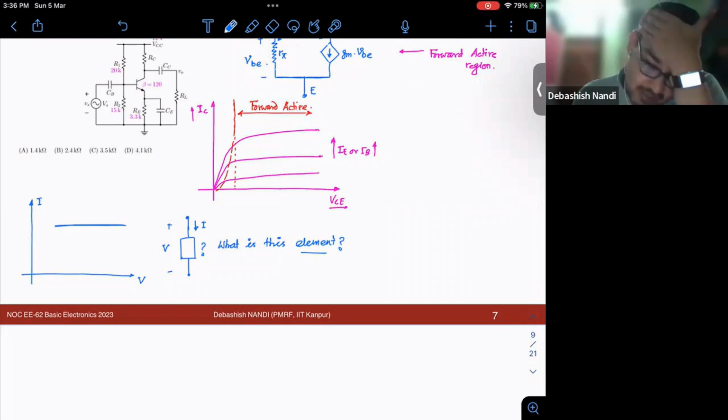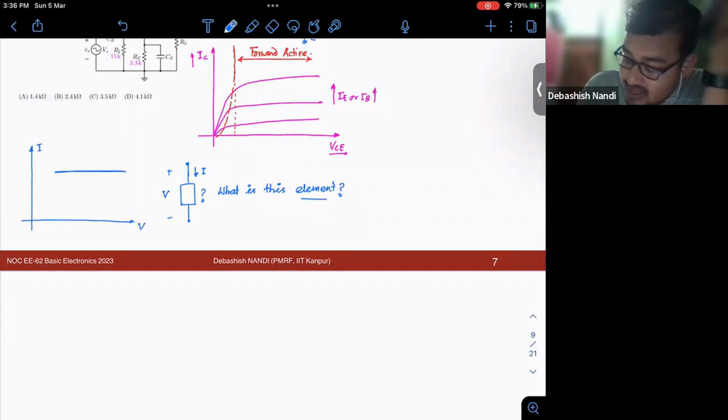It's a current source, right? A current source doesn't concern itself with the voltage across it. It provides a constant current. So I know that this element is either a current source or a controlled current source.